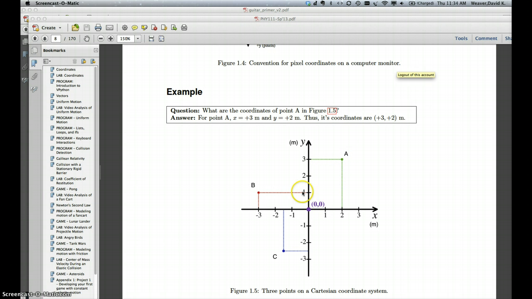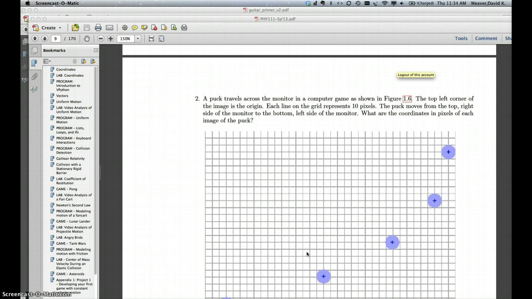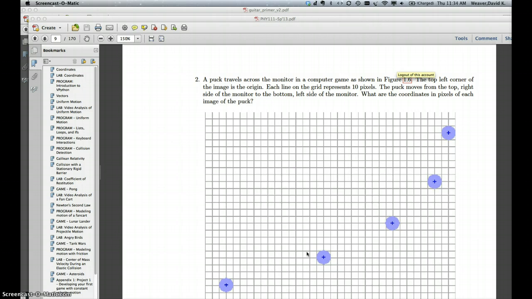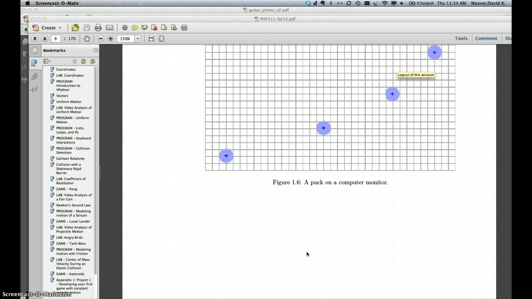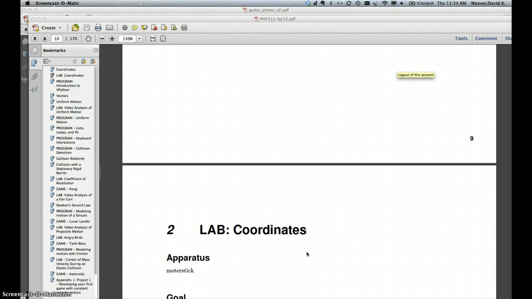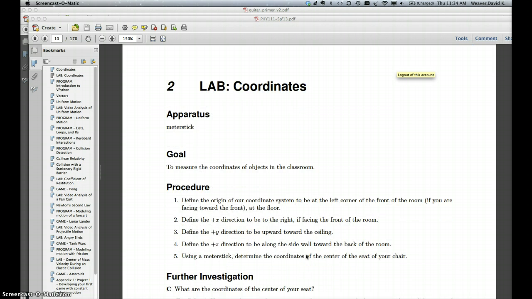And so you would know then this is a negative 3, 1, and this is a negative 1.5, negative 2.5 in terms of meters. You can go through and do this, and I'm sure you did, and you talked about it in the screencast that you made for week 1.